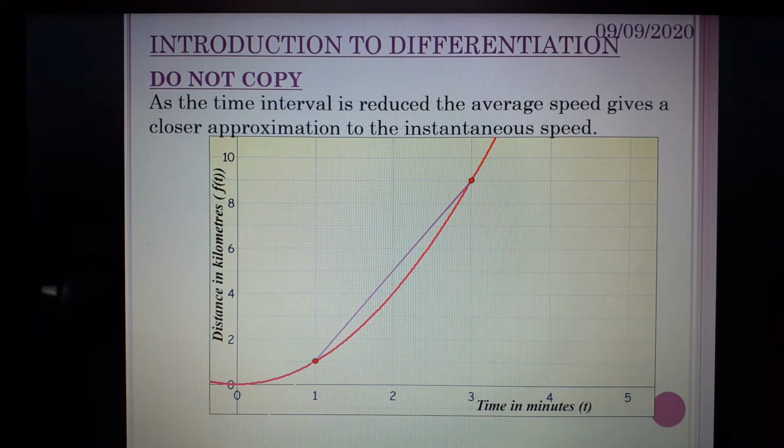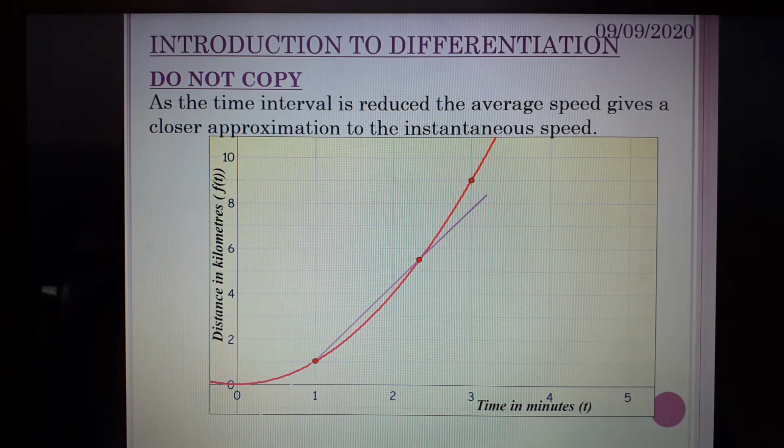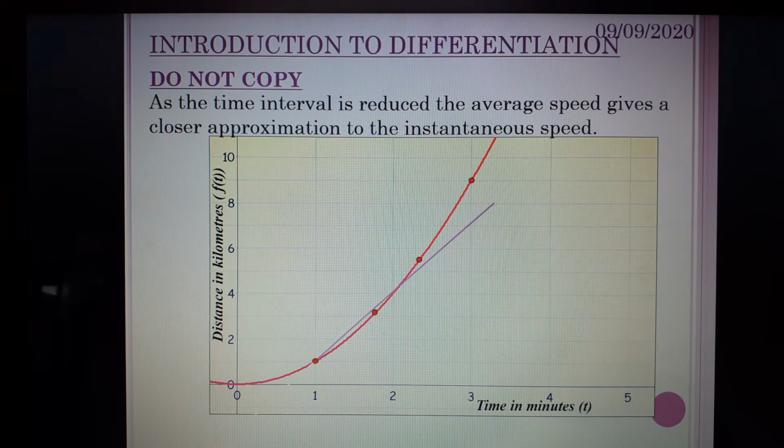But what if we actually reduce the time interval and bring the line down like that? It's getting closer and closer to the actual line of the curve. That brings the line down again. Look how close that is getting to the actual line of the curve and the slope of the curve. So the line that we're getting from approximating the straight line onto the curve is getting closer to the actual gradient of the curve.